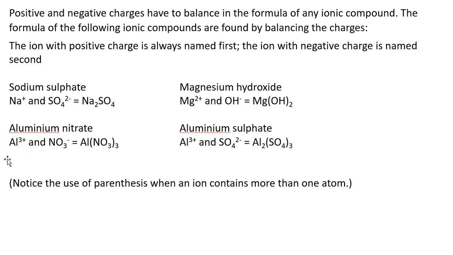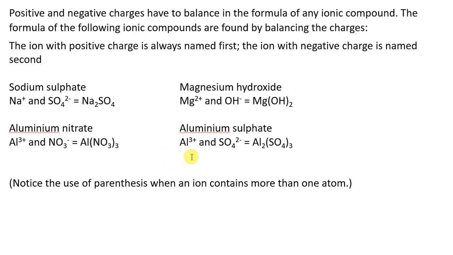Group 3, 3 electrons in the outside shell. They had to be lost when the ion was formed, Al3+. Nitrate, one of my polyatomic ions from nitric acid, NO3-. I just balance the charge. 1 aluminium 3+ requires 3 nitrates to make Al(NO3)3.